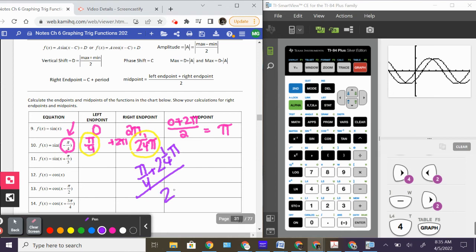So when you add those together, you should get 2 1/2 pi divided by 2, which is 1 1/4 pi. Okay, and if you wanted to write it as 5 pi over 4, that's the same thing. But again, we're going to be graphing, so this is probably what you'd want to look at because we're going to be able to easily find that on the graph.